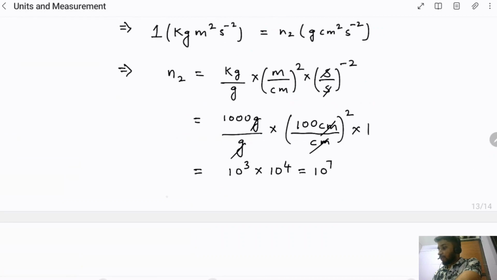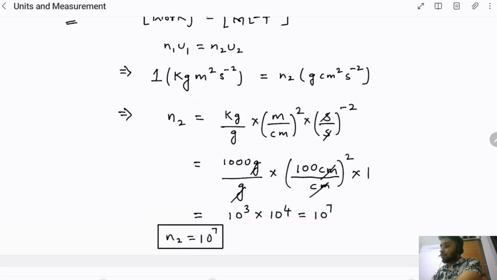So n2 comes out as 10 to the power 7. So 1 joule is 10 to the power 7 erg. If I write it in complete words, 1 joule is equal to 10 to the power 7 erg.